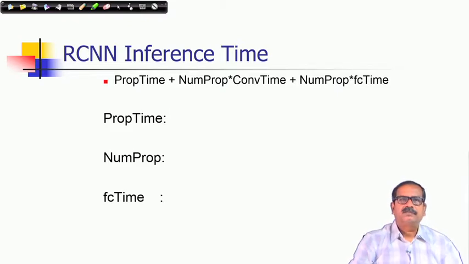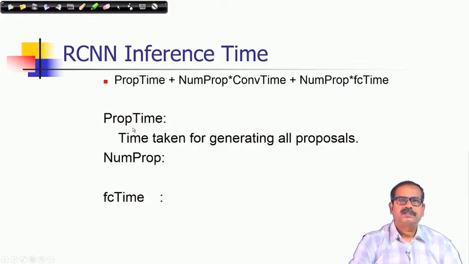So, what are the time components here? You can see there is a time called prop time or proposal time. It is the time taken for generating all proposals. Then, depending upon the number of proposals generated at this stage, each region has to be fed to the CNN so that it extracts the features.